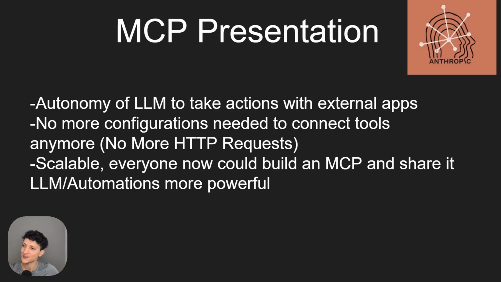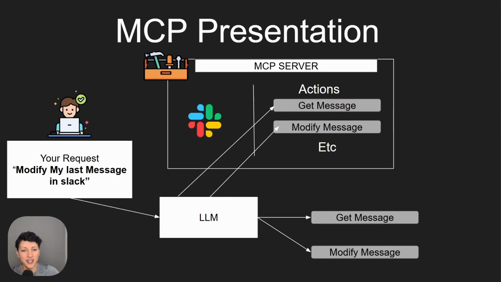Okay, let's go. This is a very easy flow. We will explain the MCP server and how it connects with other blocks. First you create a request: modify my last message in Slack. You send that request to the LLM. The LLM will have a tool set.